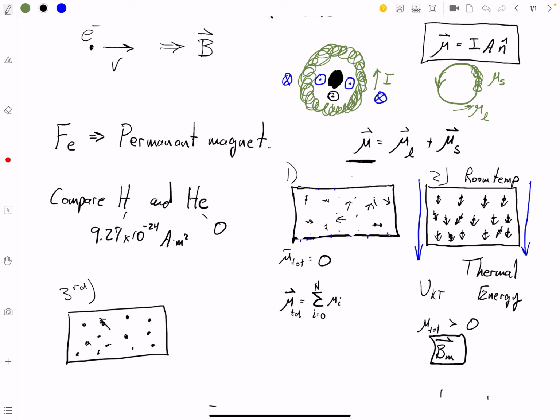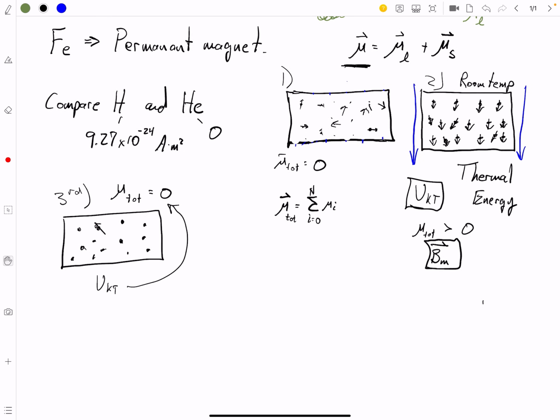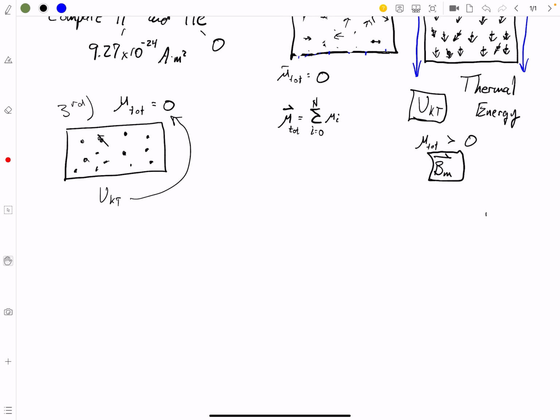And all the mu's, that total mu, will again equal 0, okay, after a certain amount of time. Okay, so random, great, gas, it's a situation where UKT easily can dominate and force this to happen. So nice, good for us.